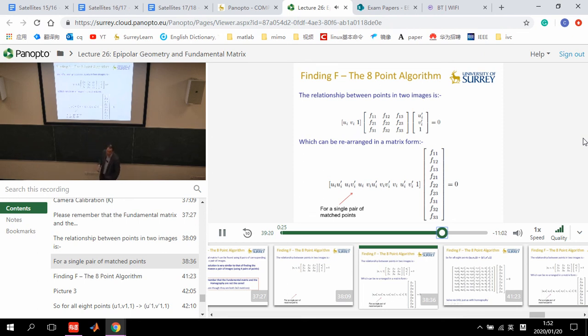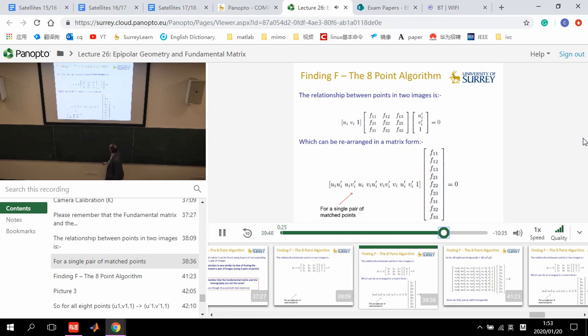Let's forget about the subscript i, which indicates which of the 8 pairs of points we're dealing with. On the second row we'd have f21 u' plus f22 v' plus f23.